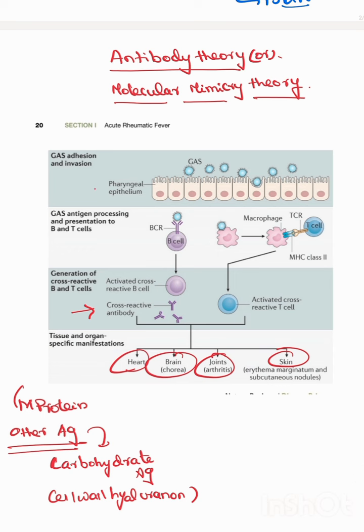The antigen proteins present in the group A beta hemolytic streptococcus against which antibodies are being formed are, most commonly, the M protein, and the other antigens are the carbohydrate antigen and the cell wall hyaluronan antigen. Among these, antibodies directed against the carbohydrate antigen will produce severe target organ damage.